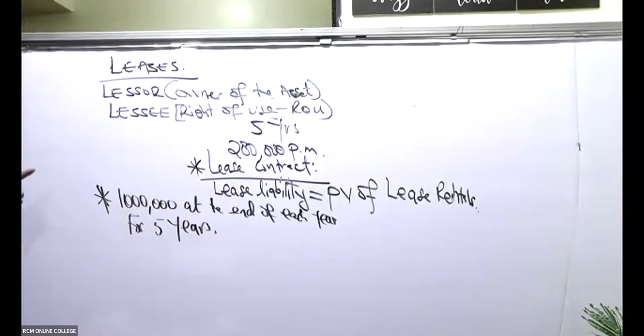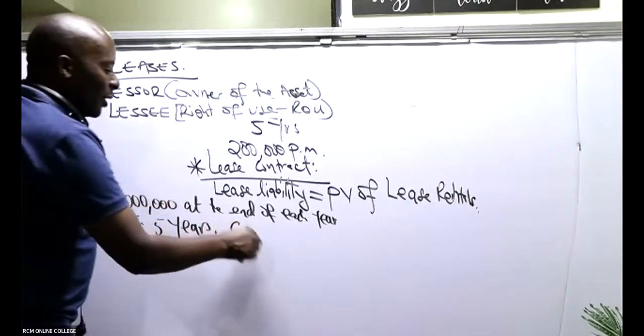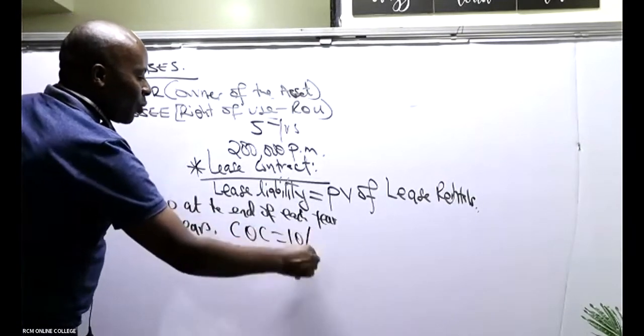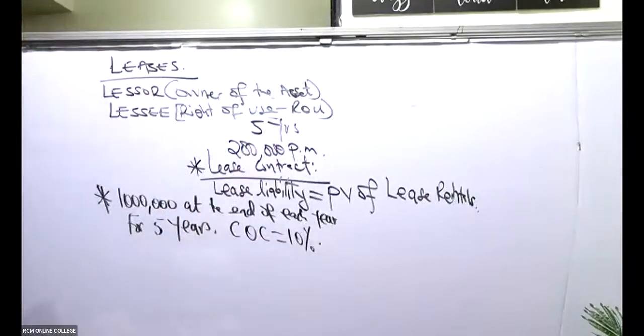So the lease rental is 1 million shillings every year, at the end of each year, for 5 years. And then they have given us the COC, the cost of capital, as 10%.